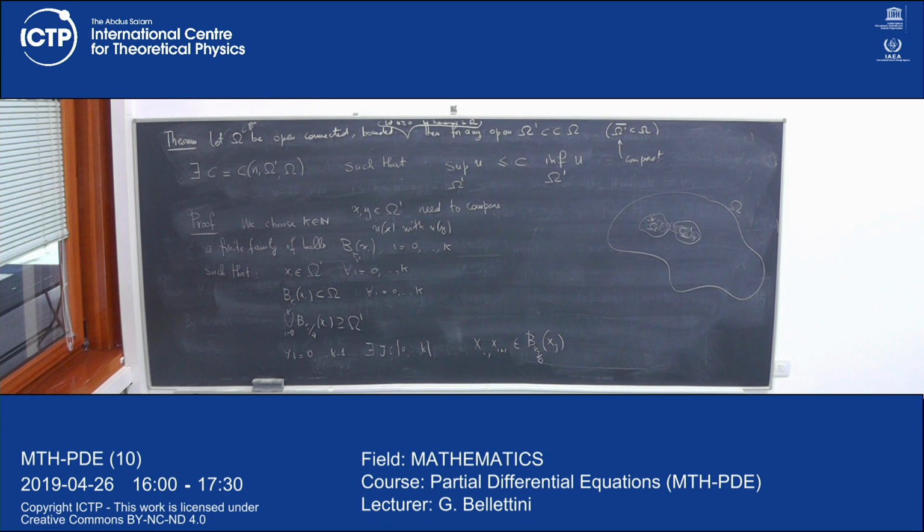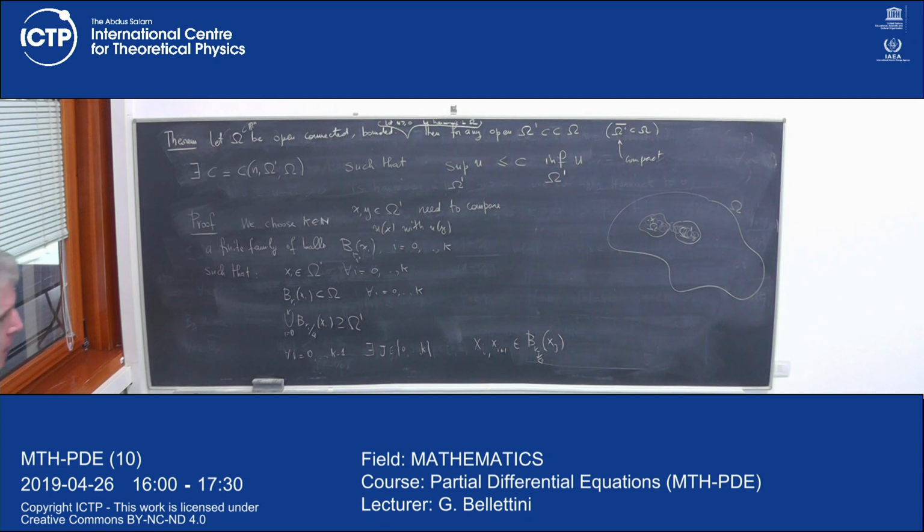xi plus 1 points, xi plus 1 for any i, Brj xj.